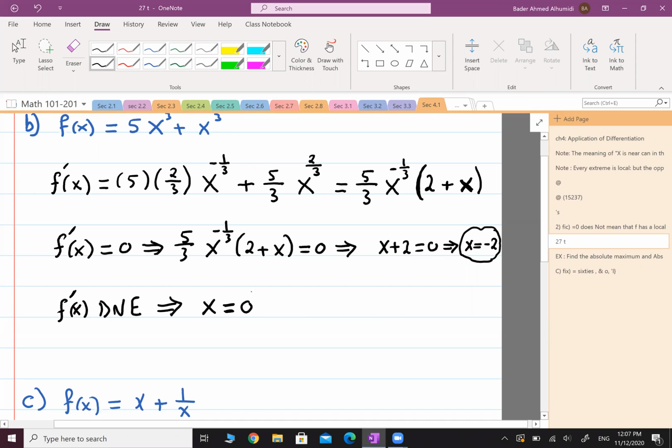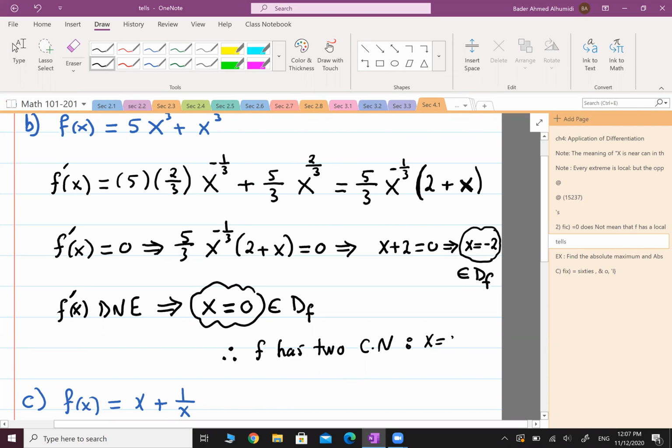The question now: is x equal to 0 inside the domain? I will write this one inside the domain of the function, and this one inside the domain of the function. So the conclusion will be f has two critical numbers that are x equal to 0 and x equal to minus 2. Any question, please?